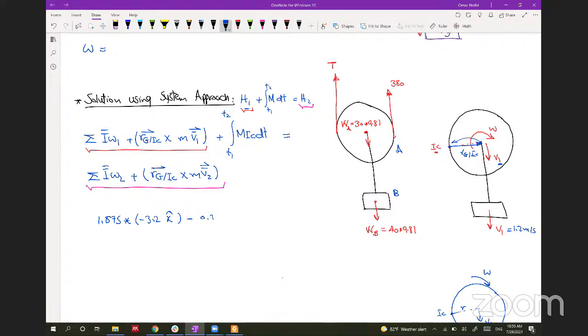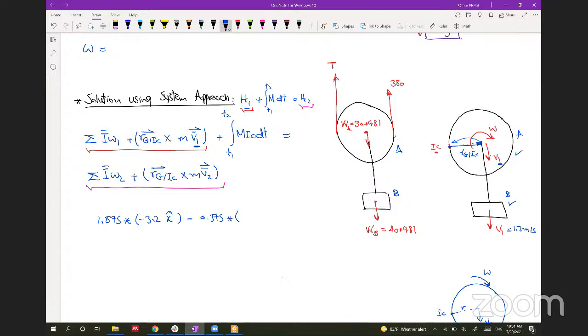R is 0.375 multiplied by the mass, okay, so the mass is another issue. So what are the masses that are moving with V1? The masses that are moving with V1 are this mass and this mass, the mass of A and mass of B. So I will have to put all the masses that are moving with V1.